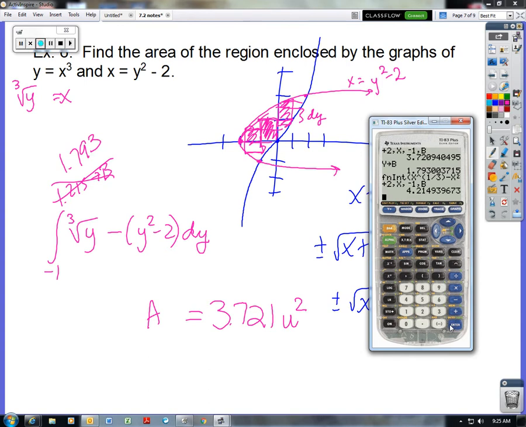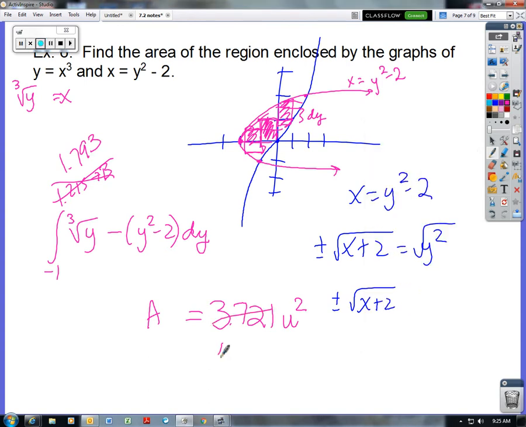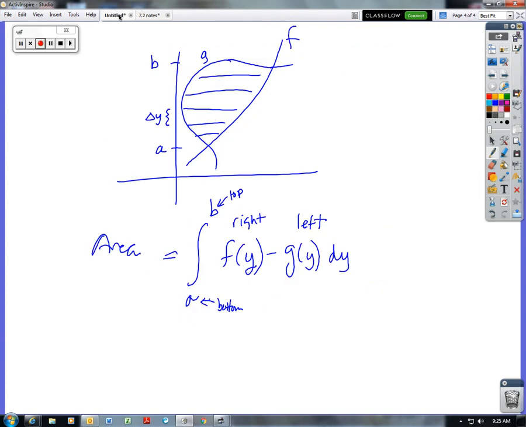Okay, 4.215 is a lot better, because it's easily over 4 square units in there. So learn from that: it's the y's that we want here. I should have mentioned these are y and y equals. Super important, as we just discovered.